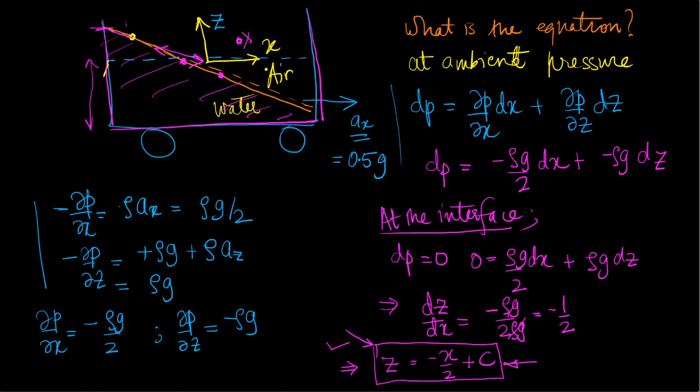Because there is no water sloshing out, we can equate these two volumes and evaluate the value of the constant. It is as simple as that. So let us proceed.